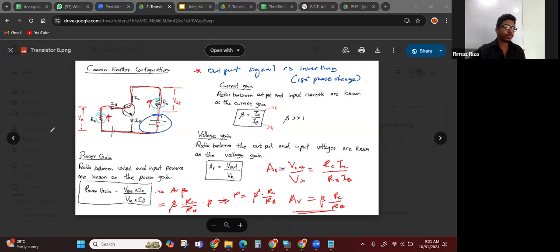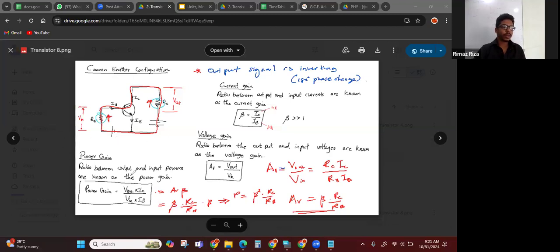It has a large power source. We are only controlling the output circuit by the input circuit. If we bias this circuit, we have a current in the output circuit. Otherwise, there won't be a current.